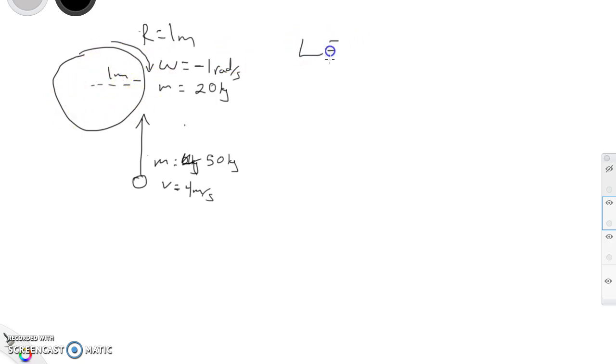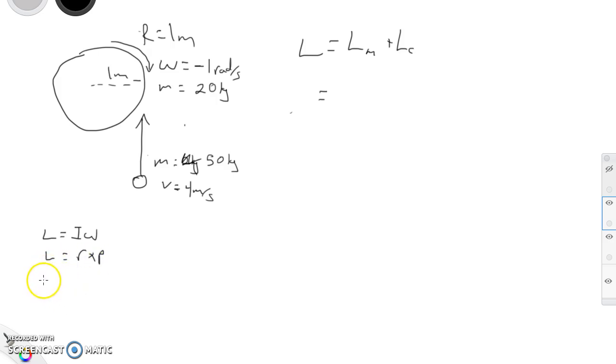So that's going to be equal to L, and for this we're going to have to add L of the merry-go-round plus L of the child. We know that we can find L a lot of different ways. L is equal to I omega for a uniform object. It's equal to R cross P for a particle.